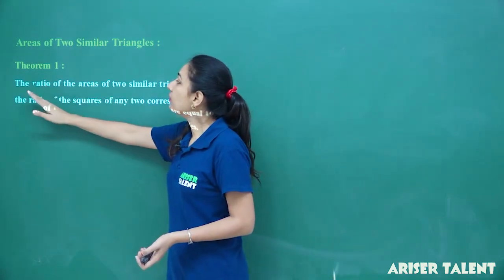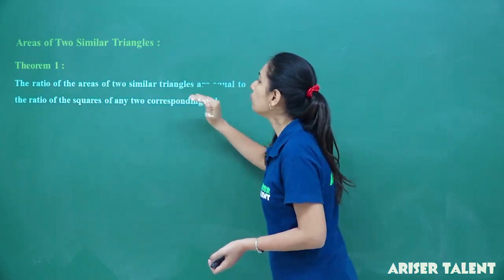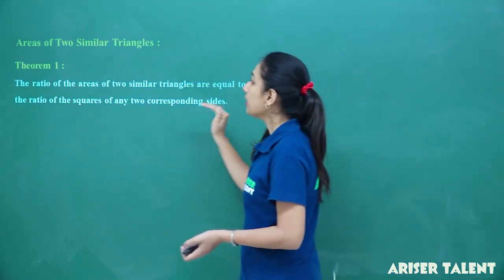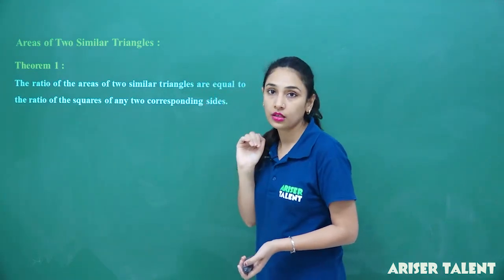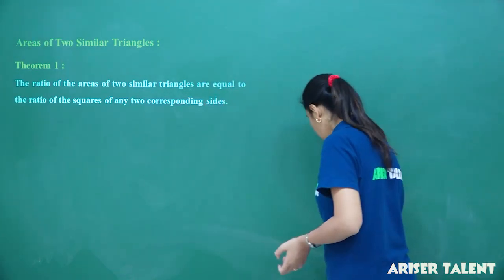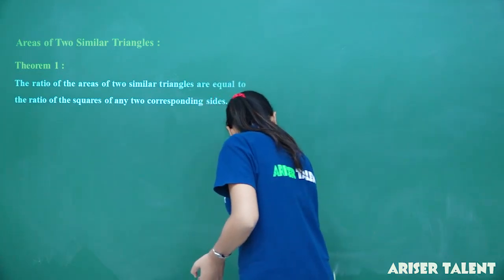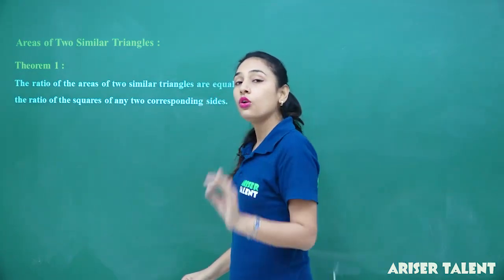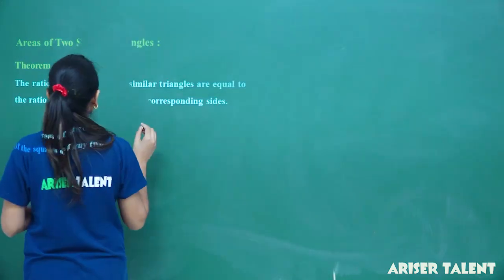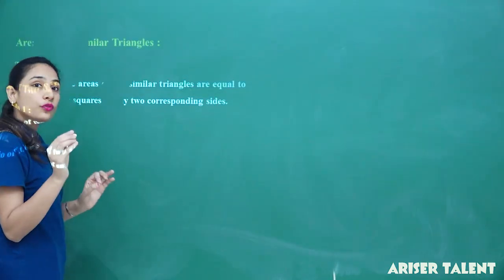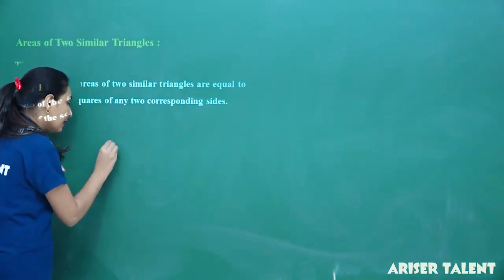So theorem 1: the ratio of the areas of two similar triangles is equal to the ratio of the squares of any two corresponding sides. So you have to prove this. Now for this, we just draw a diagram of the two similar triangles. So first draw two similar triangles.